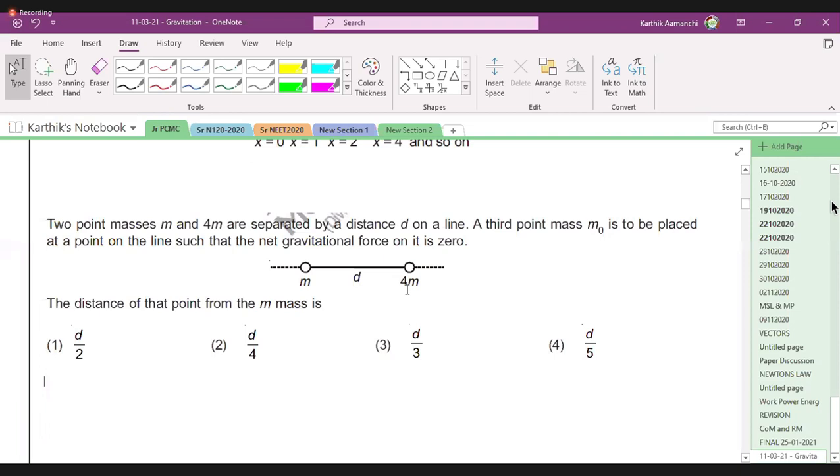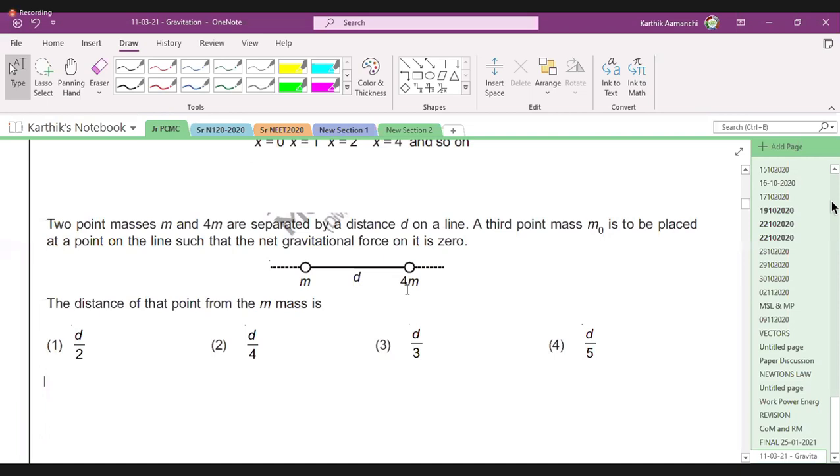The torque on a planet about the center of sun is 0.